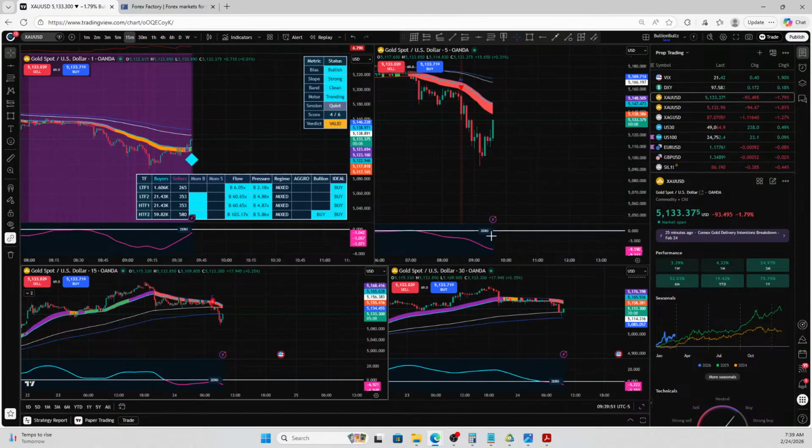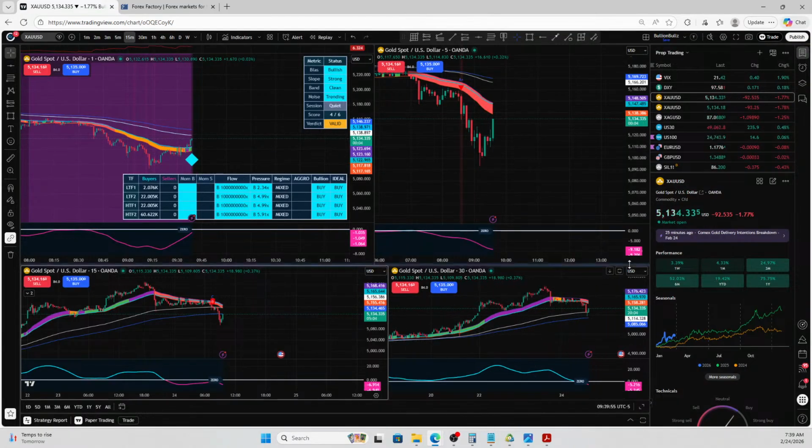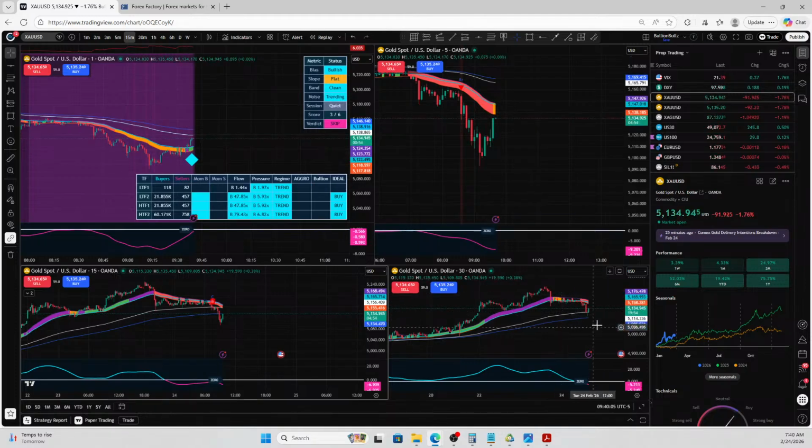In this case, our bias is bearish, but our price structure is still bullish. And it's rejecting at a very, very strong level. Last but not least, we need the structure to tie back into the volume. If all these three things match, we would enter our trade.